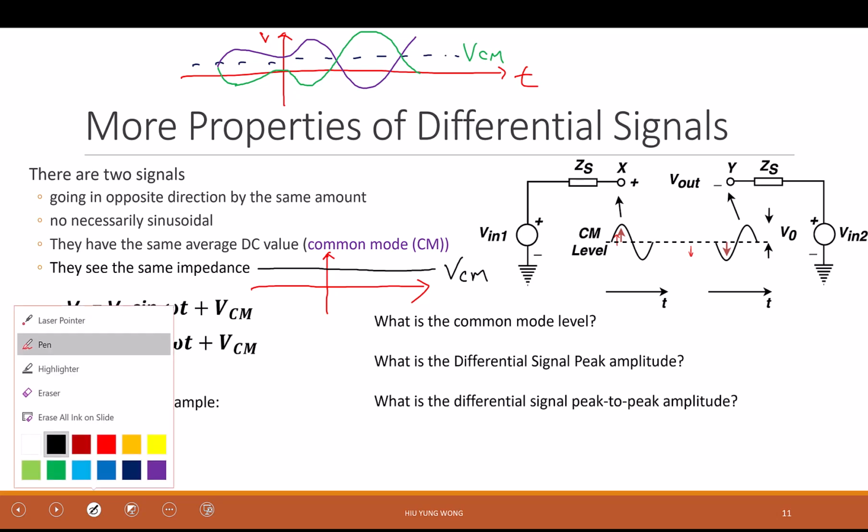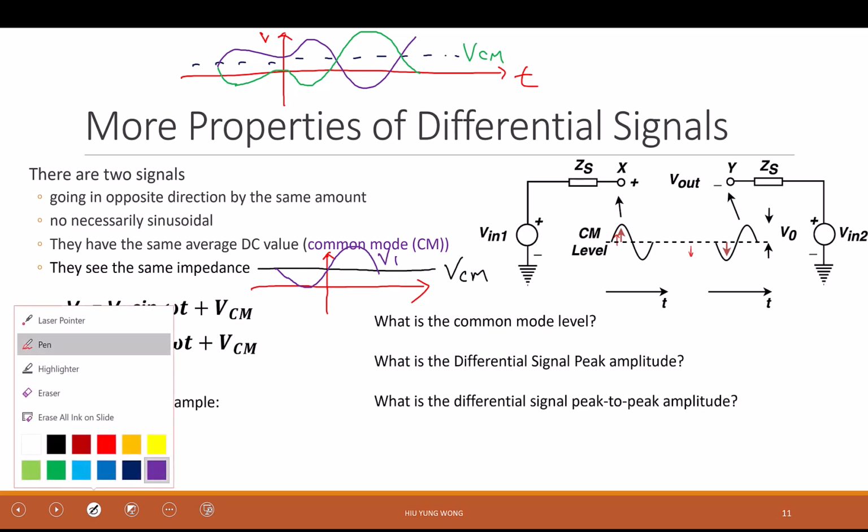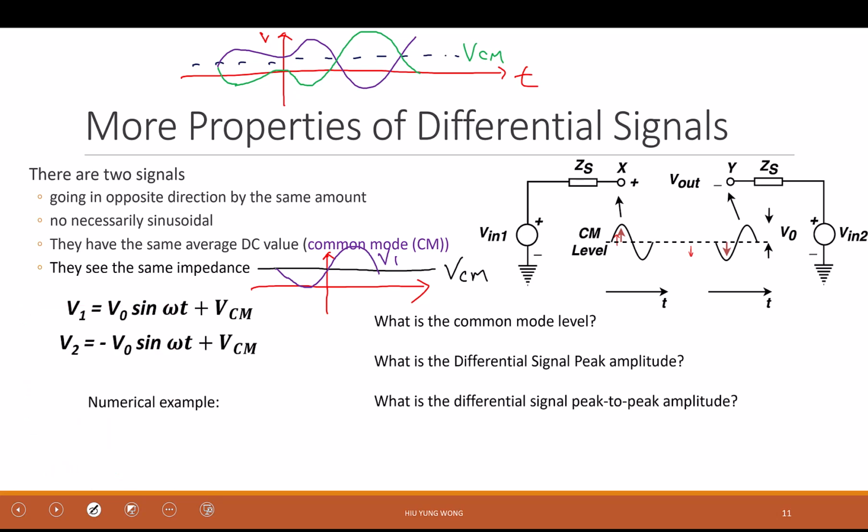And one of them is a sine wave. How do you draw the sine wave? At 0, this is 0, and you add VCM, so the whole thing shifts up. So this is V1. And then you have another sine wave, and this is V2.